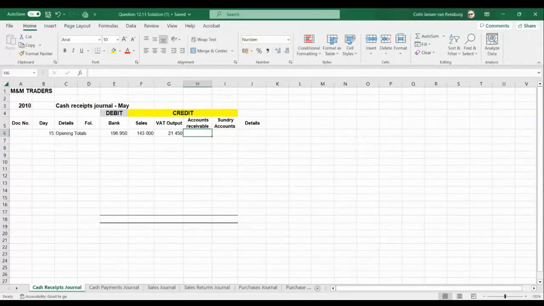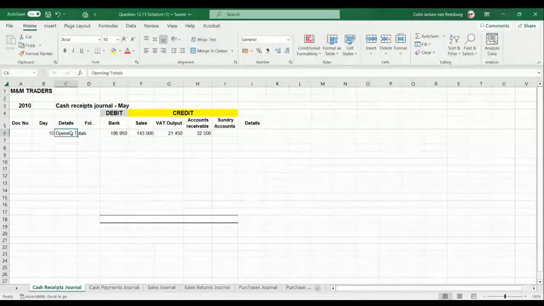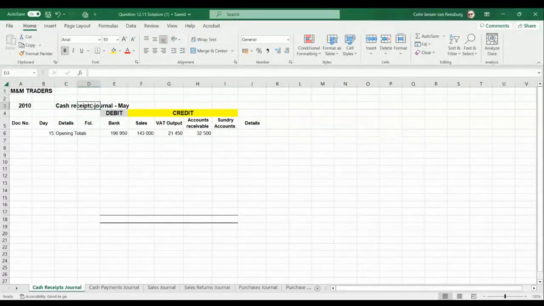And we've got an opening balance or opening total for accounts receivable. Let us do that. 32500. Right, so now we've got our opening totals for our cash receipts journal for the month of May 2010.